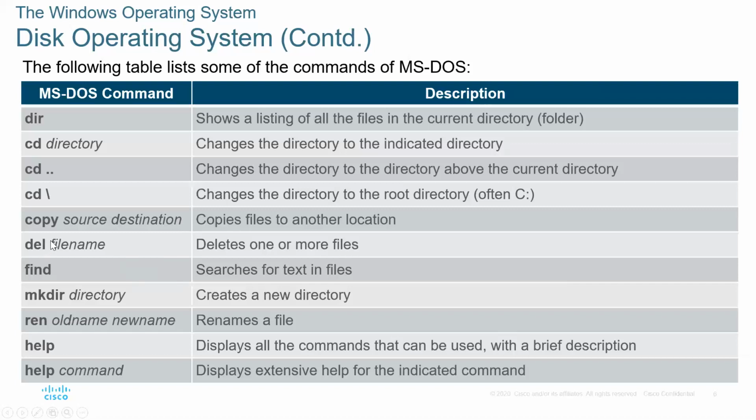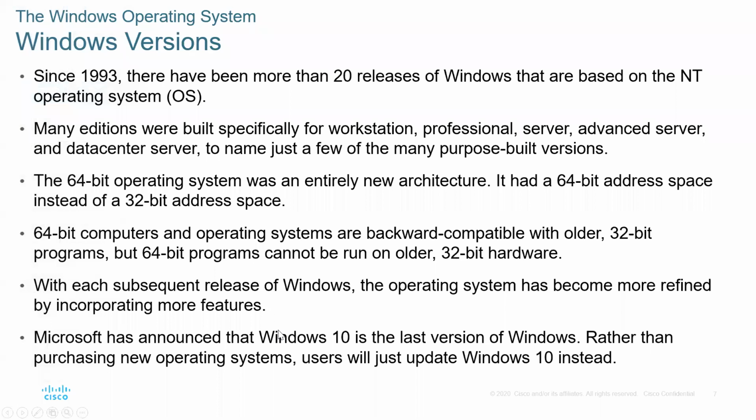Del filename deletes a file. Find will search for text. mkdir will create a new directory, rather, make directory. Rename or ren will allow you to rename a file, and then help and help command. So just some common ones that were used on the command line that you would even use today.